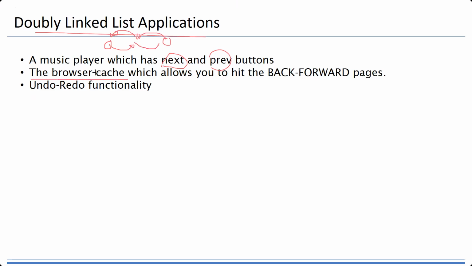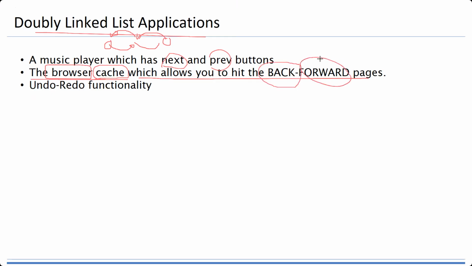Browsers, for example Chrome, Internet Explorer, or other web browsers, have a cache. Cache means a kind of memory. Whenever you go to a web page, you can go back and forward.